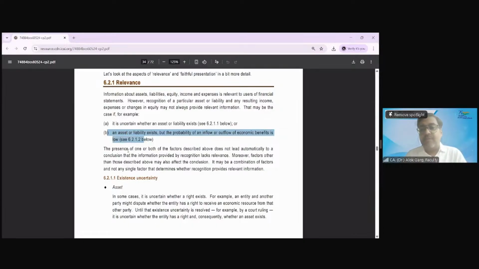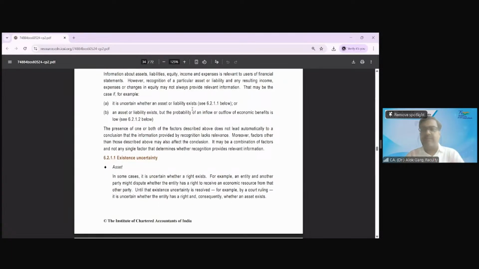Okay. So the presence of one or both the factors described above does not lead automatically to a conclusion that the information provided by recognition lacks relevance. Moreover, factors other than those described above may also affect the conclusion. It may be a combination of factors and not only a single factor that determines whether recognition provides relevant information.